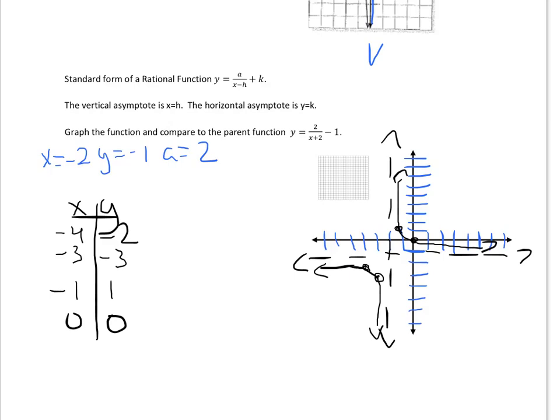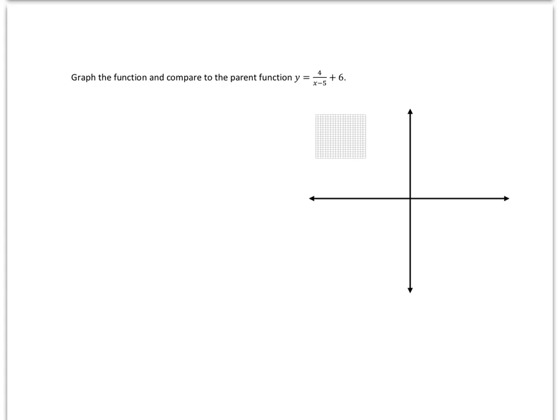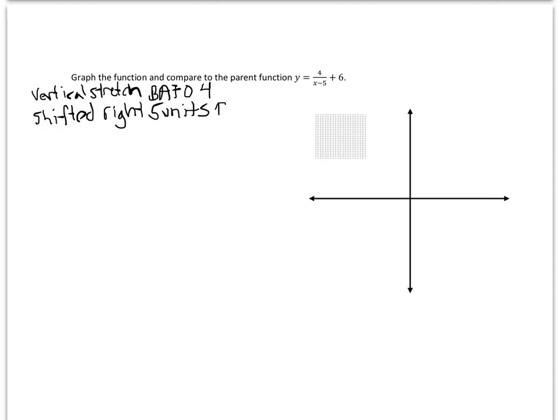So let's try another one here. Graph the function compared to the parent. Okay, since a is 4, that means a vertical stretch by a factor of 4, shifted right 5 units and up 6, because h is 5 and k is 6.